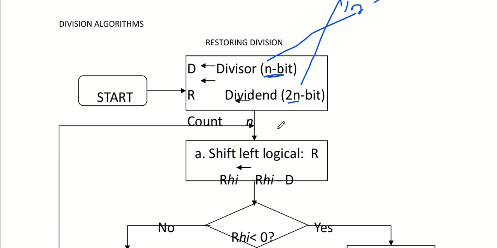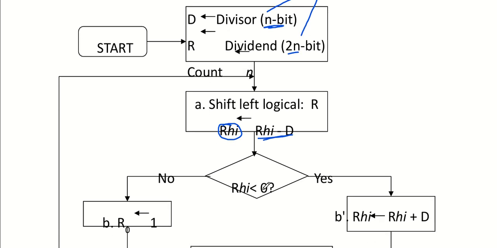So the first step in division is to shift left your remainder register. Remember, you set your remainder to your dividend, and we'll see why. Then the next step is to subtract the divisor from the higher order bits of the remainder and put the result inside there. We'll see that.